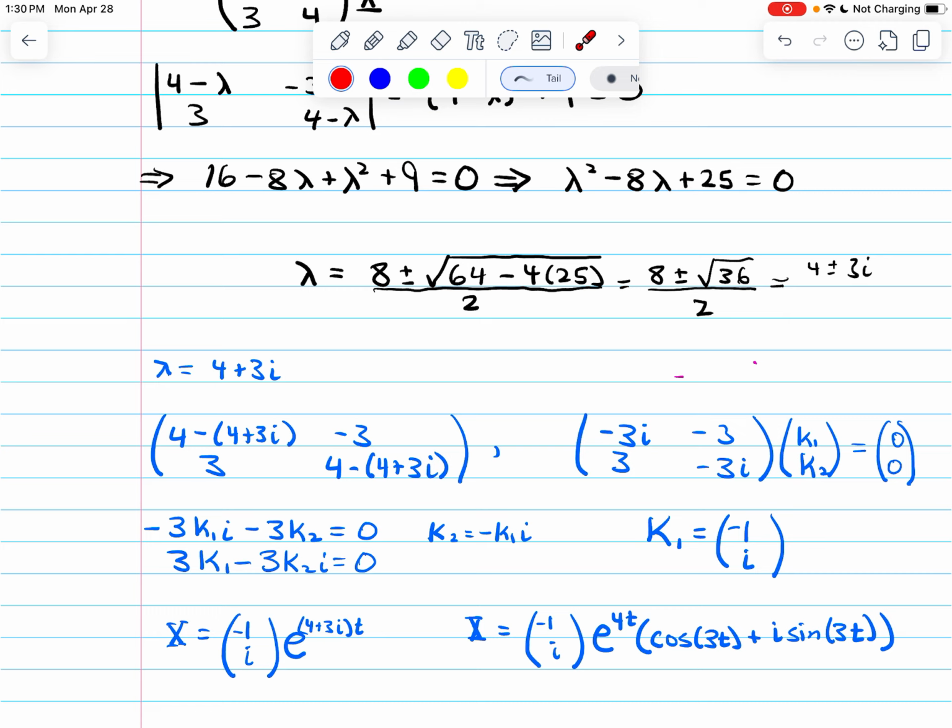And I get that K2 is equal to K1 i. Now, at this point, I can say, okay, I'm going to let K1 be negative 1. And there is the first entry in my eigenvector. Well, if K1 is negative 1, then K2 is just i.